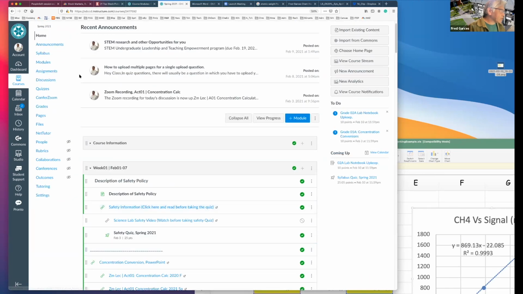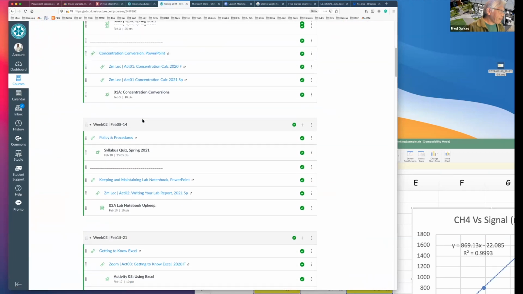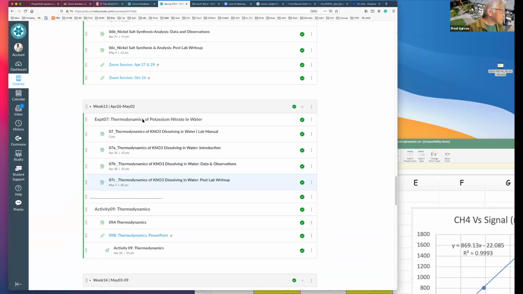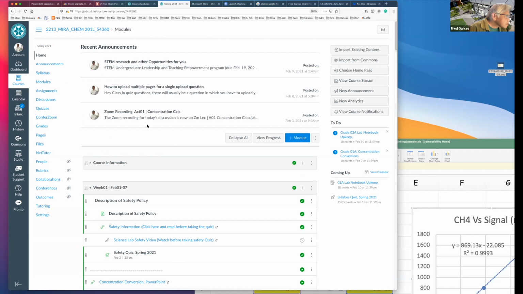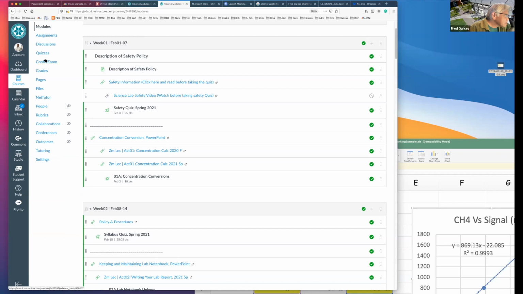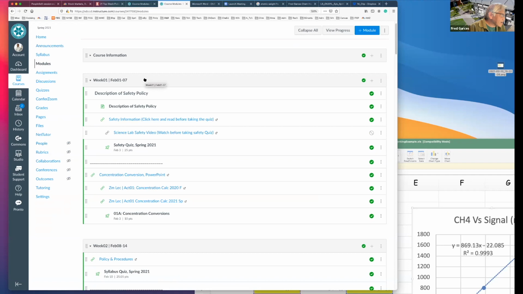That would be under syllabus. Or is it under home? Should be, where is it? I don't see the link for the Google Drive.